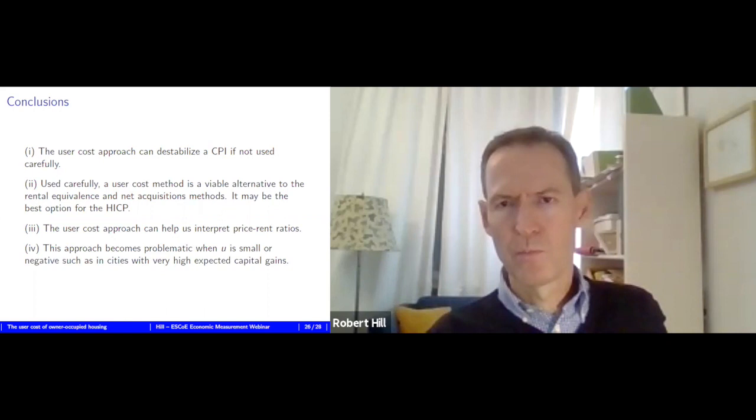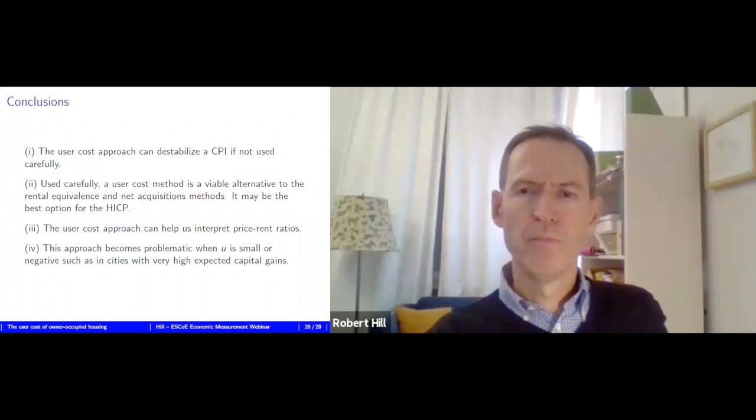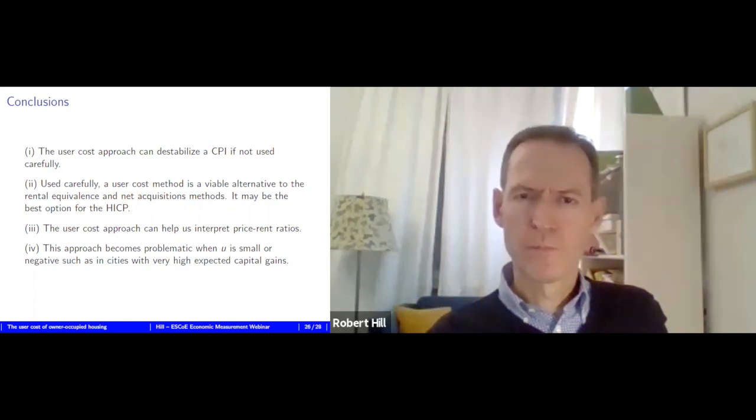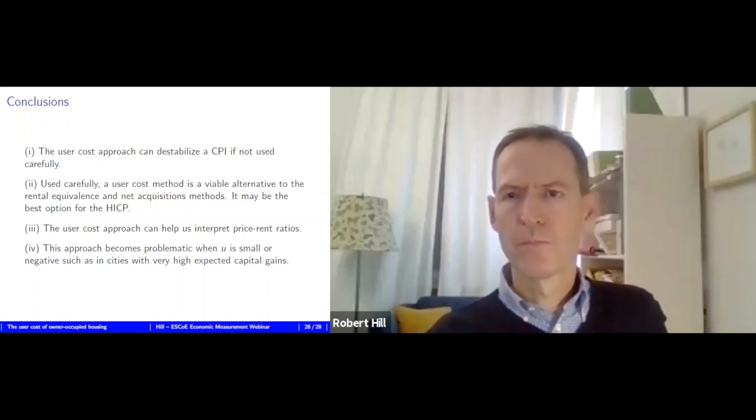And this is also what we're facing at the moment. The ECB has asked us now to start producing a quarterly combined index of the HICP and the OHPI. But one of the stumbling blocks for including this in the HICP is this issue of asset prices included in an inflation target.